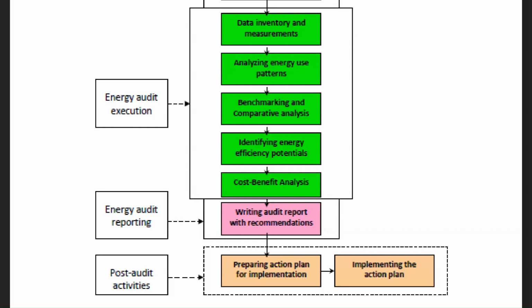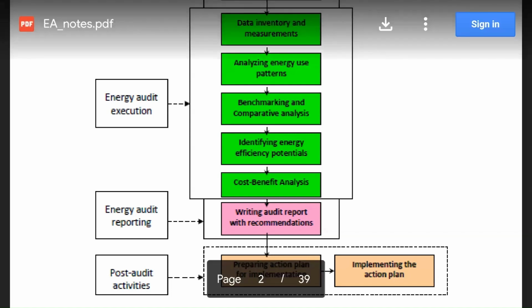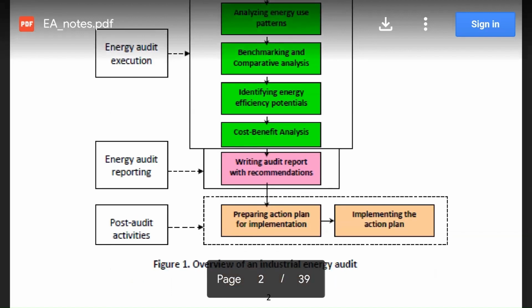But if the infrastructure is changed, then some renovation is done, then the energy consumption will also increase. Okay. So analyzing the energy use patterns, what the benchmarking involved. Next is the cost benefit analysis. So what is the benefit of conducting the energy auditing in monetary terms is taken here.